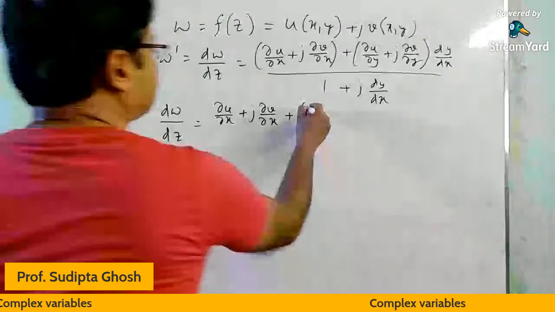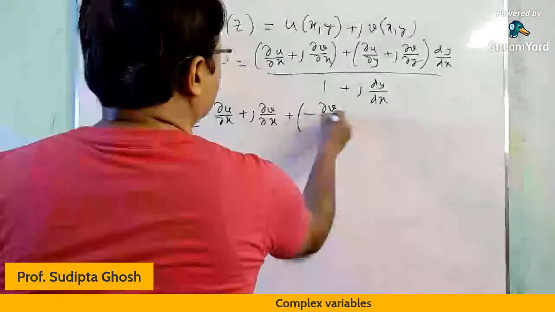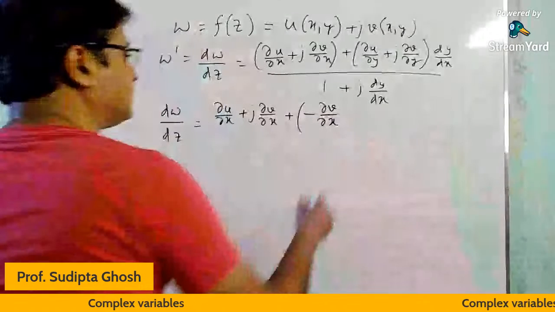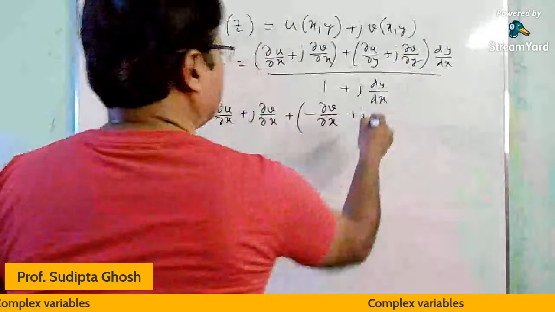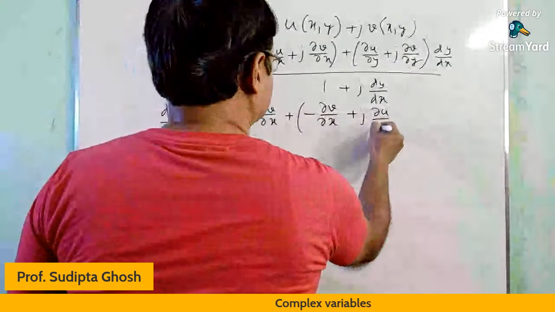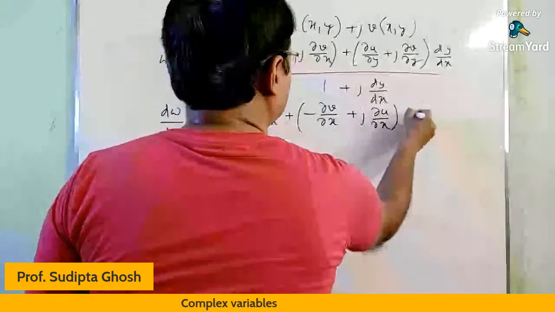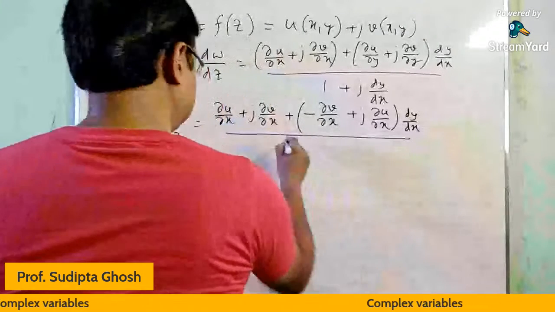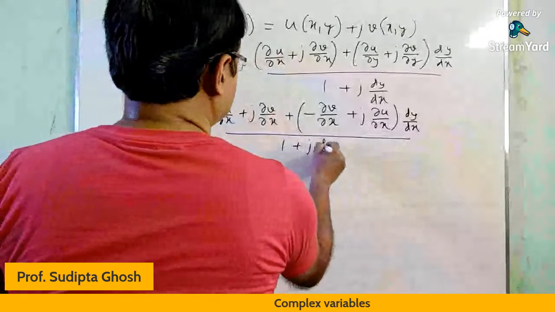So putting del u del y as minus del v del x, and del v del y as del u del x, into dy dx, and keeping the denominator same, that is 1 plus j dy dx.